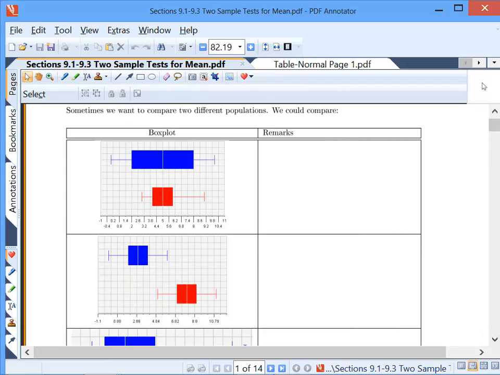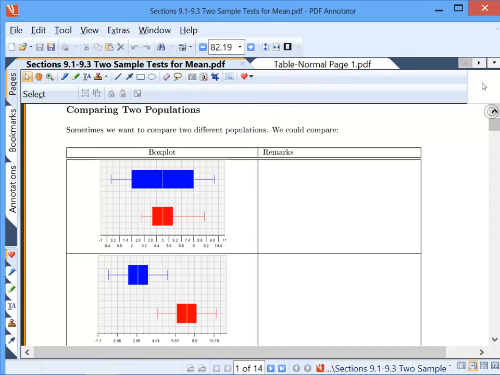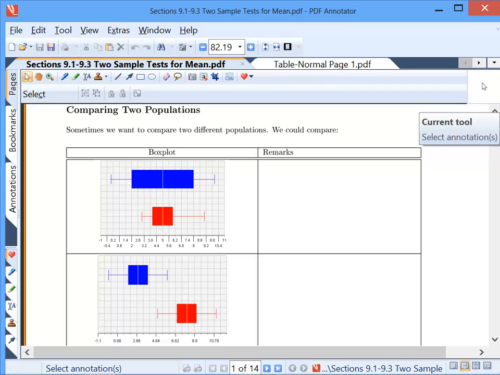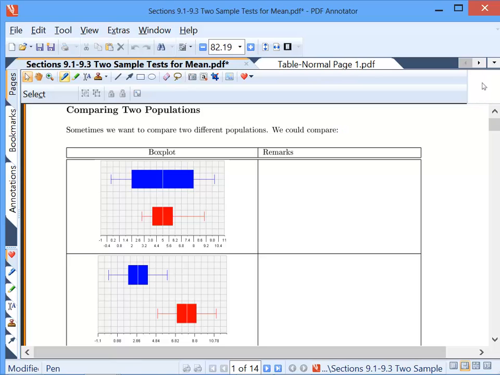Looking at these box plots for different sets of two populations, what are some things you might want to try and compare? Things we learned about in Chapter 6. I think we might want to compare means, standard deviations.